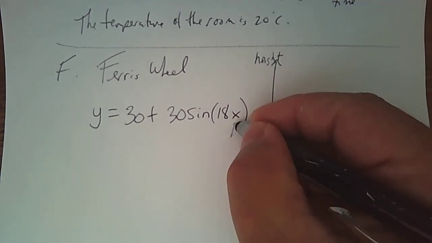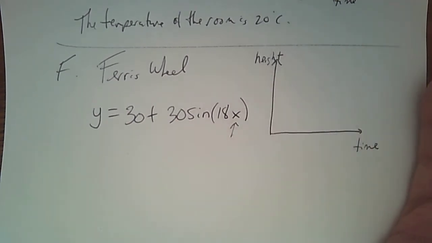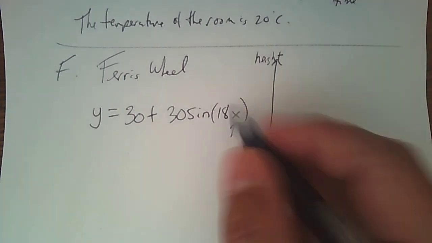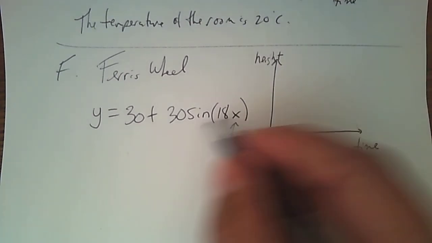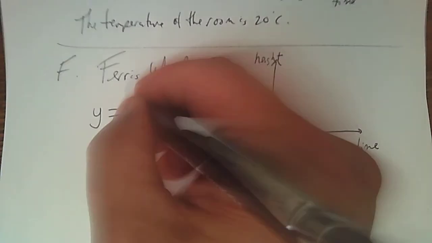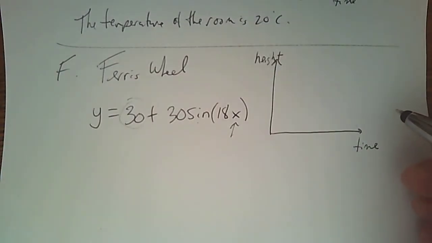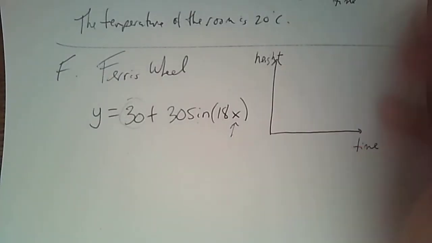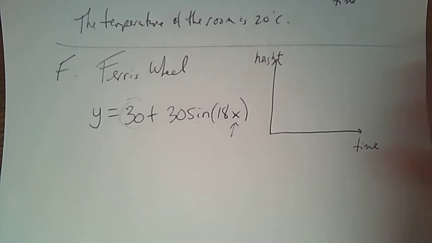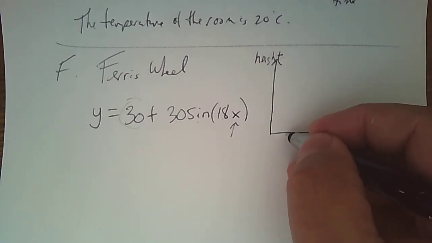So if I plug in 0, and you can use your calculator if you wanted to, sine at 0 is 0. So all of this would be 0, and you'd actually start at a height of 30 when we start it. Then, as you graph it, it's going to go up or down from there, and we can plug in different times to see what would happen.